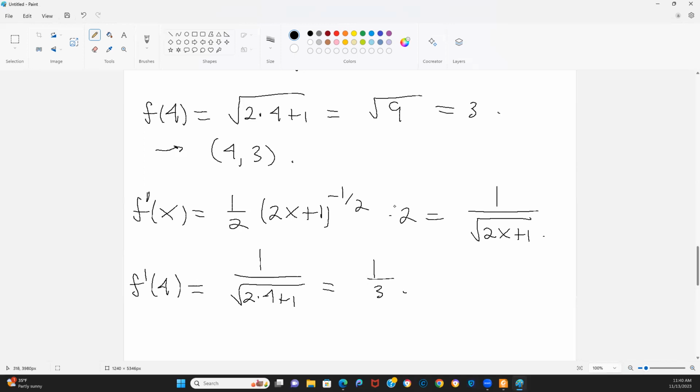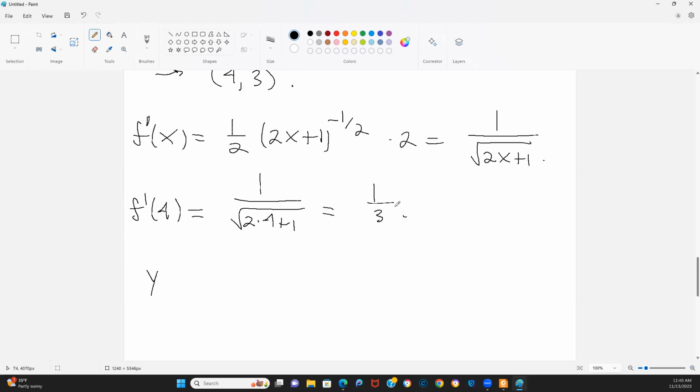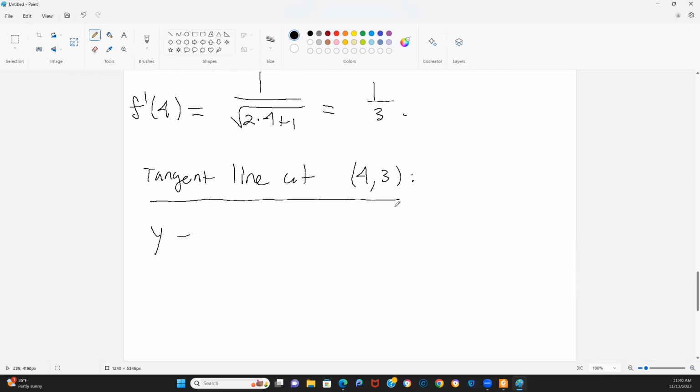It's 1/3. And so the tangent line at 4 comma 3 is y minus the y coordinate, which is 3, equals the slope, which is 1/3, times x minus the x coordinate. You can write it like this if you want, and you can see that that's option A.